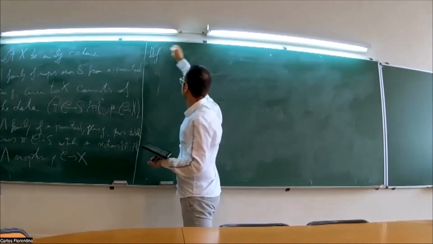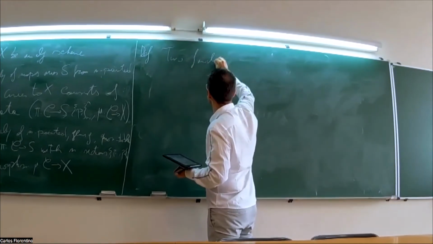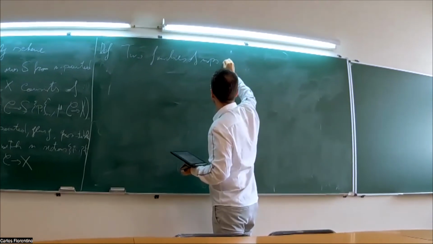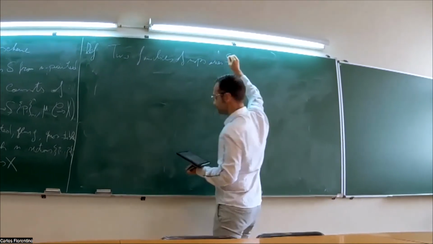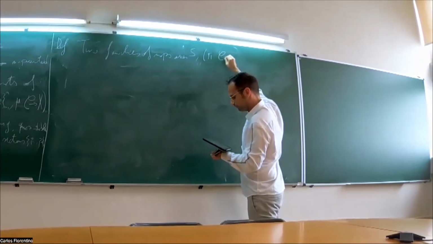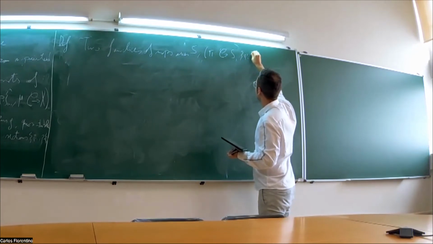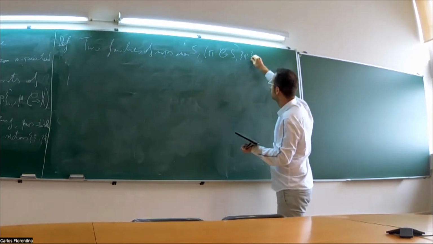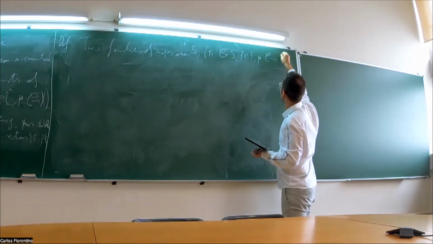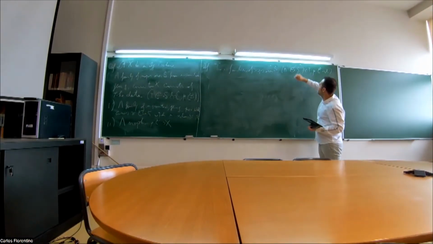Okay, I will try to be fast here. Two families of maps over S. Okay, let's keep S. The other one is the same, just up here.